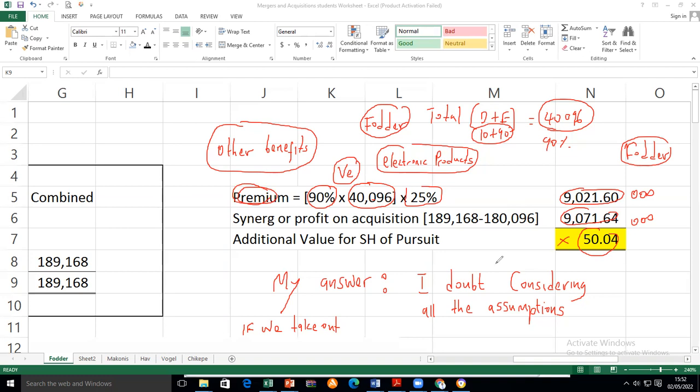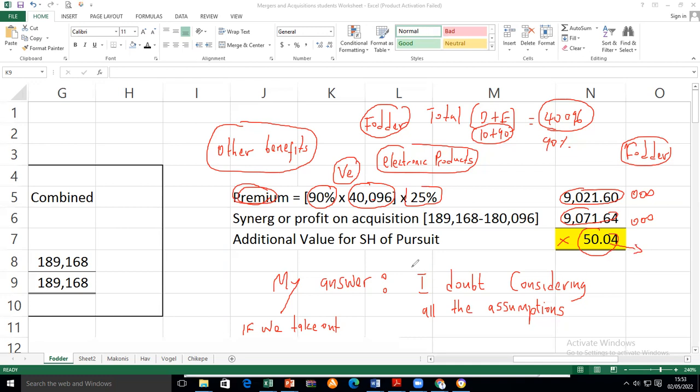So my answer was, I doubt, considering there are so many assumptions. Too many assumptions have been made, and this 50 looks small. If there's just a tilt, this can even become a negative. Those growth rates may not be correct.